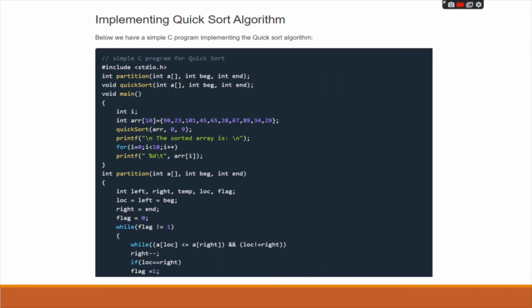So as long as all the elements are towards its right, it will be assigning all the greater elements. So right minus minus; if location is double equal to right, flag equal to 1. So as long as it reaches the pivot element, that is, as long as the pivot position is equal to the right element after right minus minus, then we'll be putting the flag's value as 1 and it will come out of the while loop.